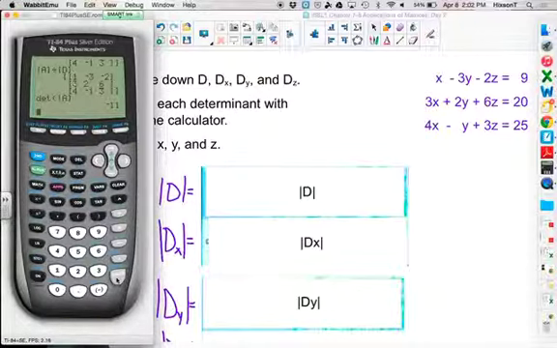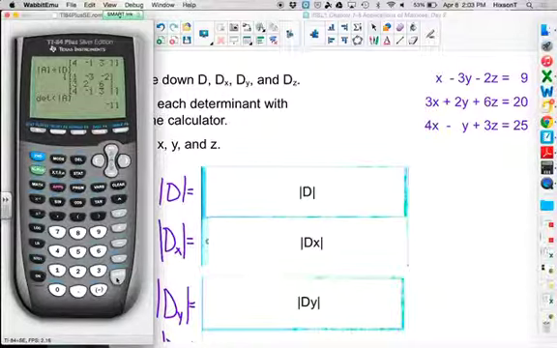If you go into edit, just hit enter on one of those and change the dimensions. Go over to edit and then go down there, hit enter. Change the dimensions to 3 by 3, and you can just type right over it.